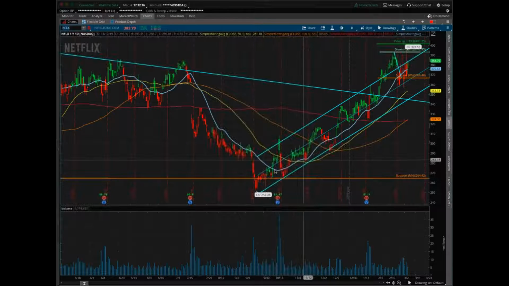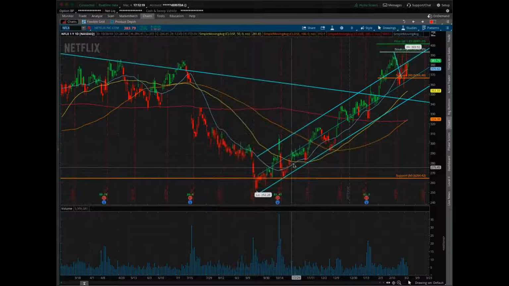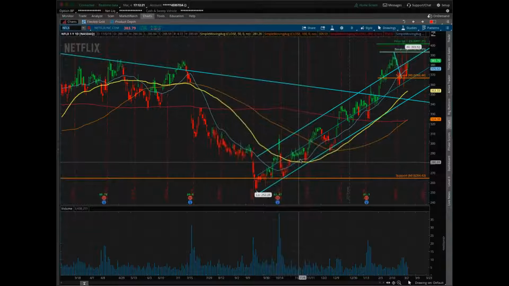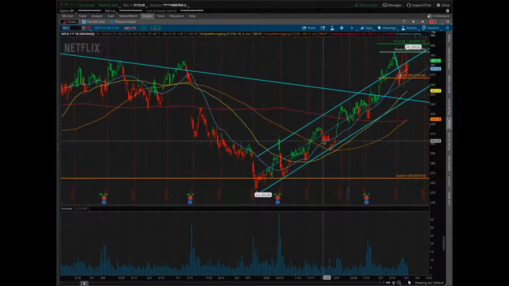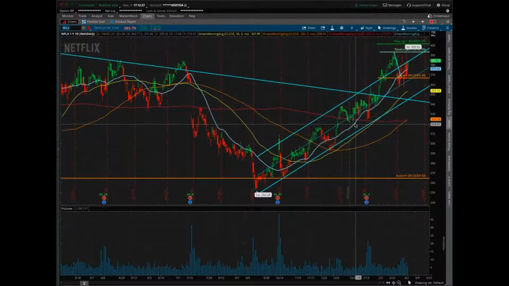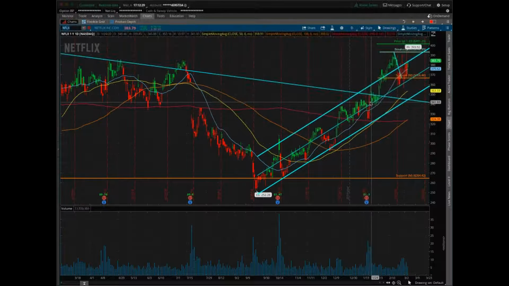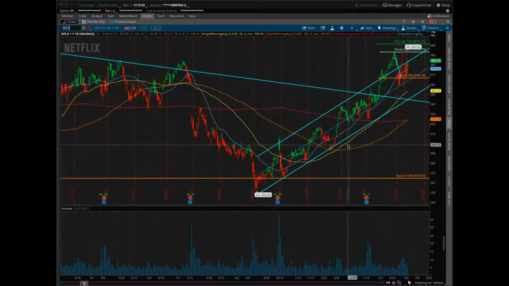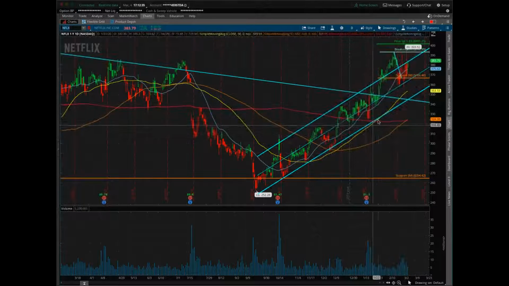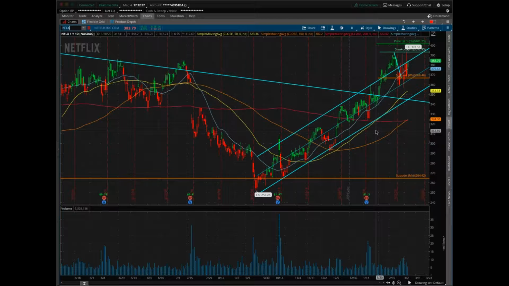But then it turned around, and then the 20-day crossed over the 50-day, that's bullish. Then the 20-day crossed over the 100-day, that's bullish. Then the 20-day crossed over the 200-day, that's bullish. Then we had the 50-day cross over the 100-day, that's very bullish. And then we had the 50-day cross over the 200-day, that's very bullish.